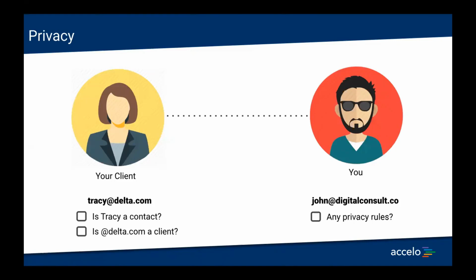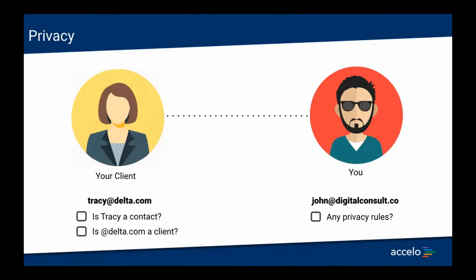If they're not a client or a contact already in the system, what Accelo will do is we take a look at the domain name, and if that domain name matches one of the companies that's in your system, then we're going to add this contact to that company automatically. So this helps to make sure that we're only pulling information from your email and from your G Suite integration into Accelo that you actually want to pull in.